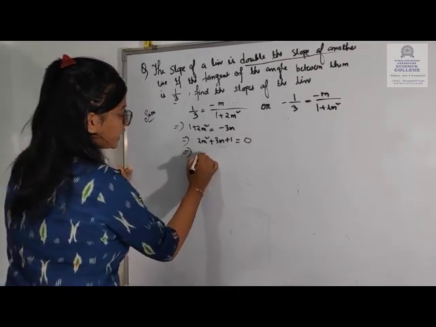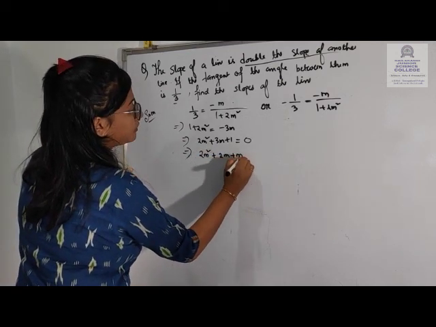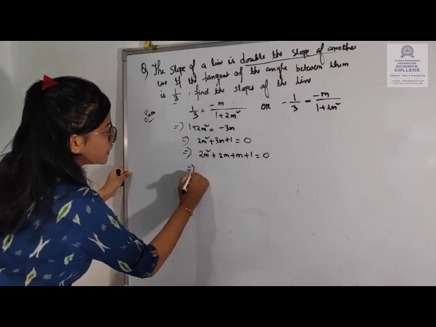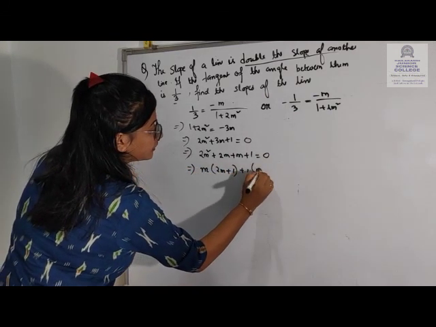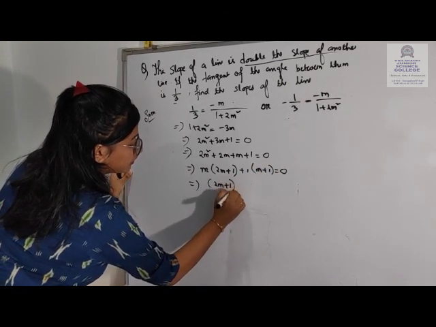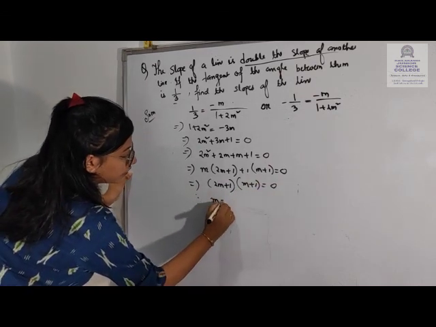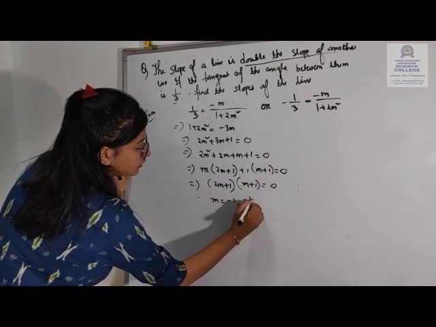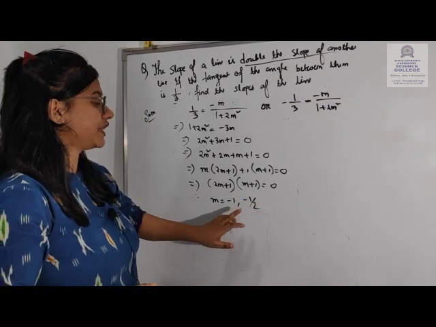If I split the middle term: 2m square plus twice m plus m plus 1 is equal to 0. Twice m plus 1 times m plus 1. So what is the value of m here? m equals minus 1 and minus half.